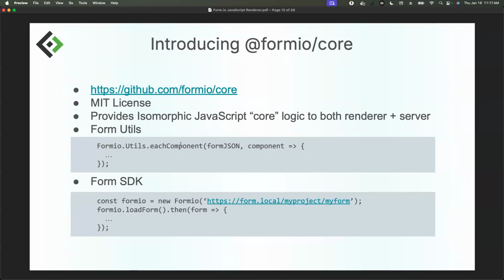The utilities, for example, are things like each component. Some of you may be using that function. The SDK is very popular for people to use. If you want to interface with our APIs, it's very common that you might use our SDK to load forms, load submissions, save submissions, and the like. And then finally, the third part is the form processors.